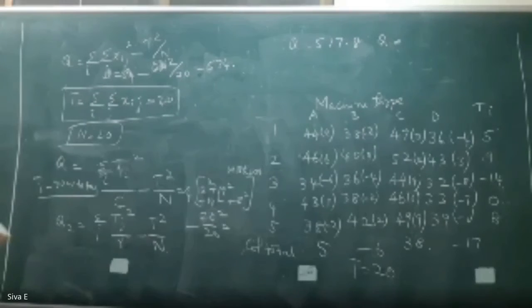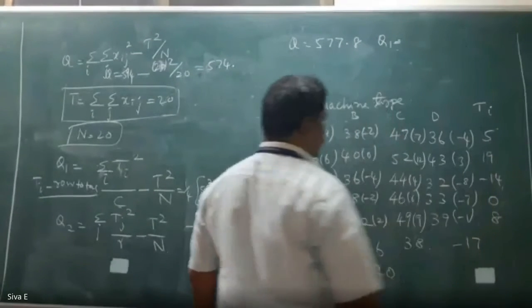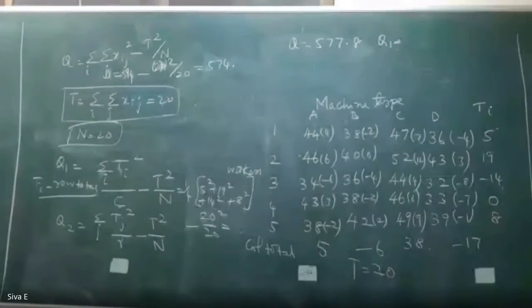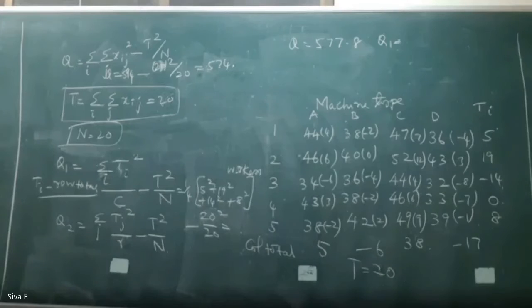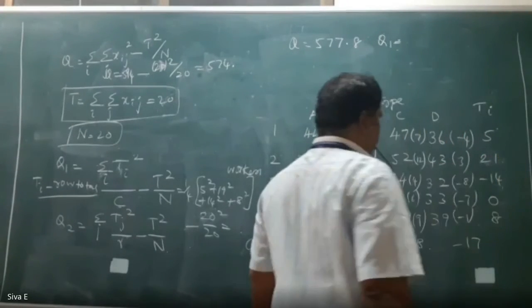This row total, what is the second row total? Twenty-two, na? 21.